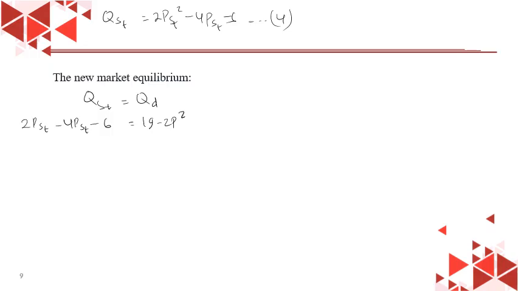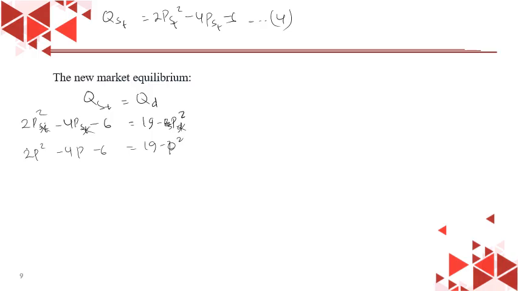This is demand. Since this is an equilibrium, we will erase all the indexes here. Now this is 2p quadrat minus 4p minus 6 equal with 19 minus, sorry, p quadrat. Yeah, this is p quadrat, not 2p quadrat.